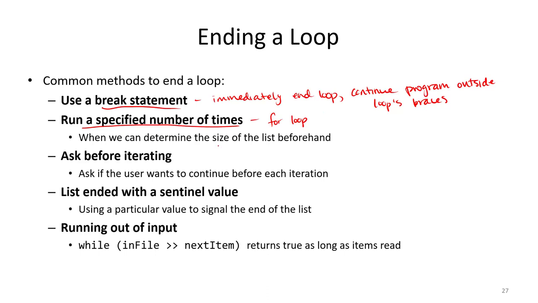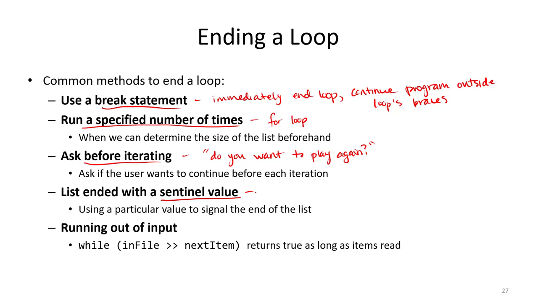Another way to end a loop is to ask before iterating. Ask the user, do you want to play again? Another approach is to end the list with a sentinel value. This is a little bit more of an approach that beginner programmers use.